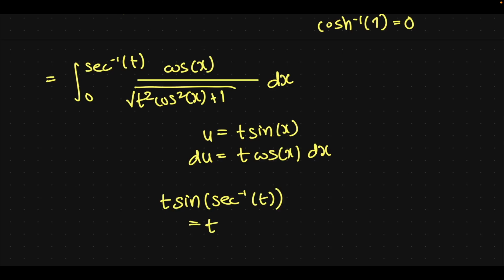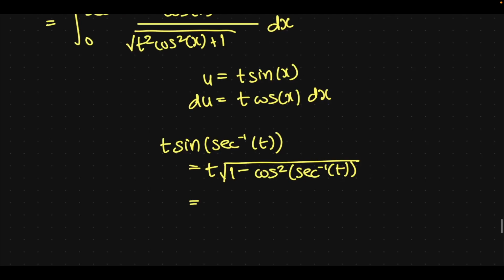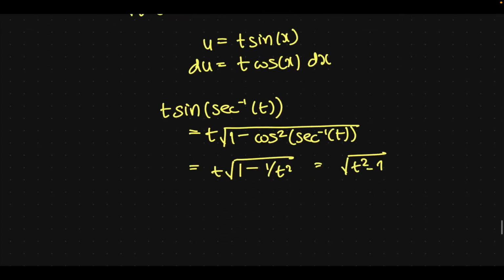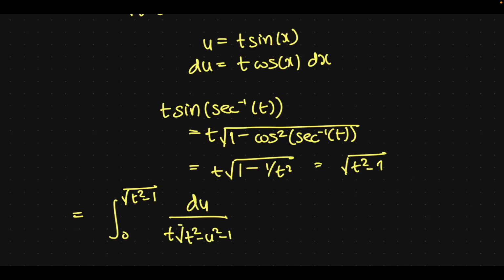So that's t square root of 1 minus cosine squared of secant inverse t, which is t times square root of 1 minus 1 over t squared, which just gives me square root of t squared minus 1. That's the upper bound. The lower bound is simply 0. So we have the integral from 0 to square root of t squared minus 1 of du over t times square root of t squared minus u squared minus 1.